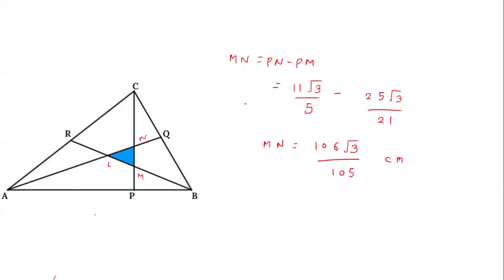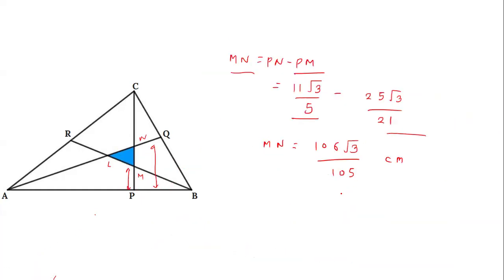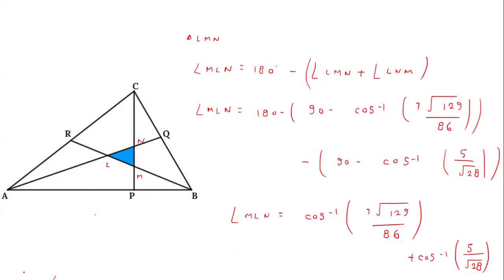Now you see that we can write MN as this PN height minus PM height. So this we calculated as 11 root 3 by 5, and this we calculated previously as 25 root 3 by 21, like this PM. So you can put these in, and from here you can calculate this MN height.